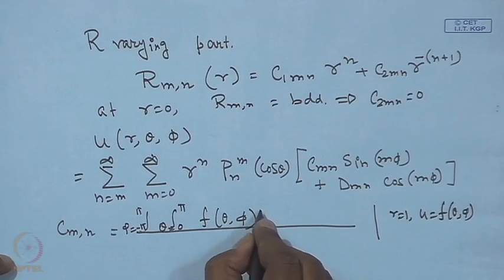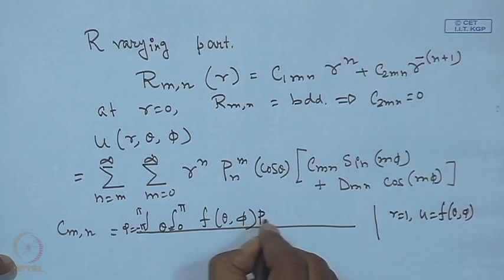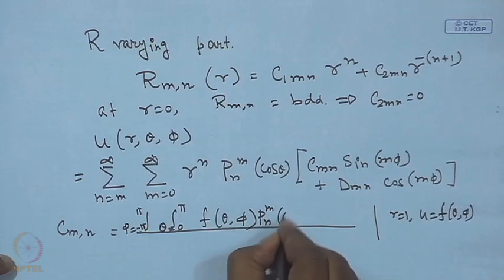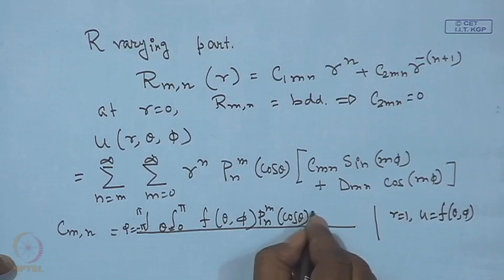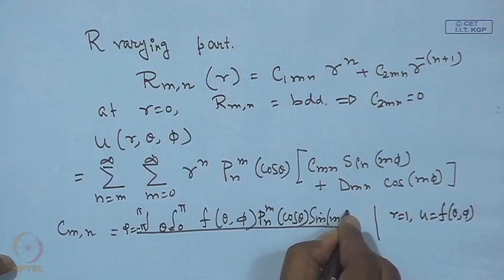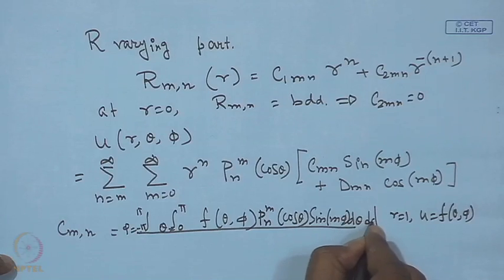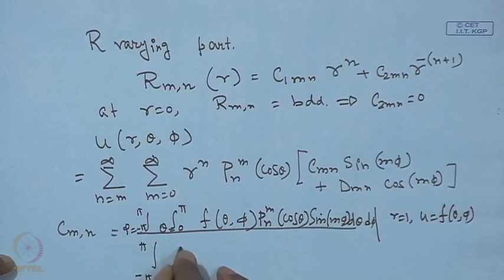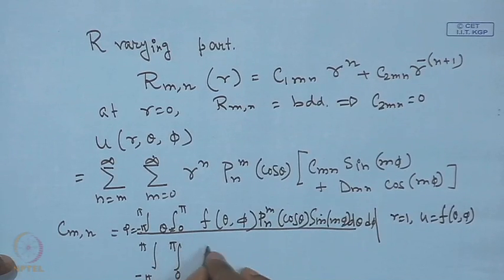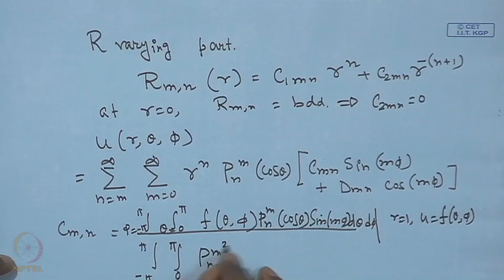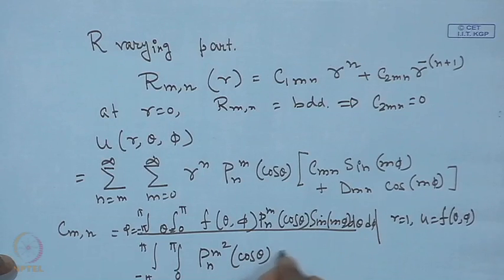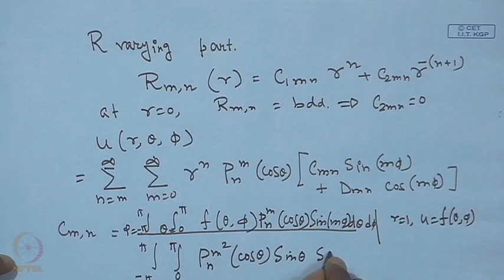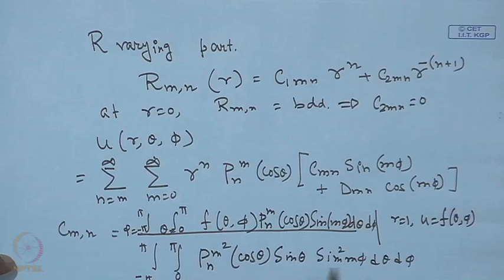So, it will become the integral of f of theta phi, P n m cosine theta, sin m phi, d theta d phi, divided by the integral from minus pi to pi, and 0 to pi in theta, of P n m square cos theta, sin theta, sin square m phi, d theta d phi.